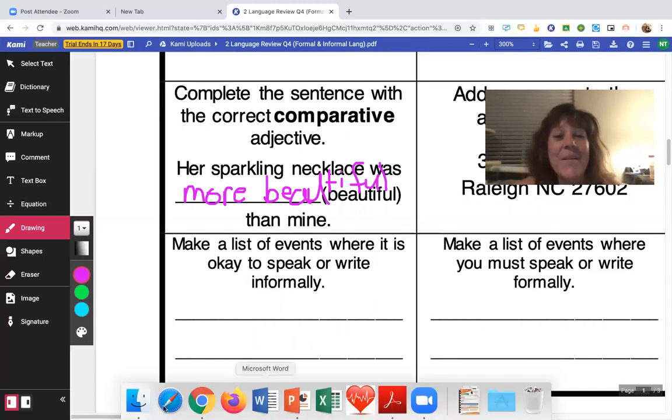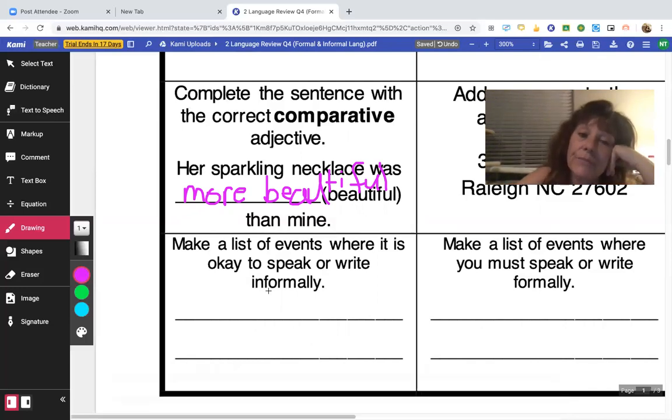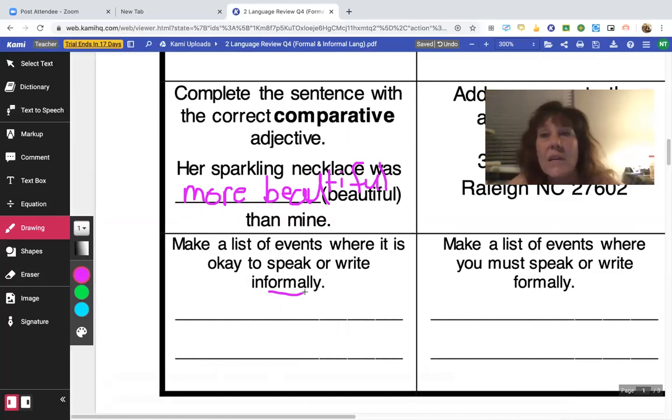Okay. Make a list of events where it is okay to speak or write informally. So informally means that it's not very fancy. If we were saying formal, right? Formal, that would be something that was super fancy, like a wedding or a really fancy party where you had to dress up. But informally is more like how you would talk to your sister or brother or your friends, right?